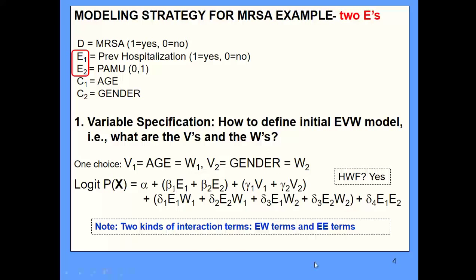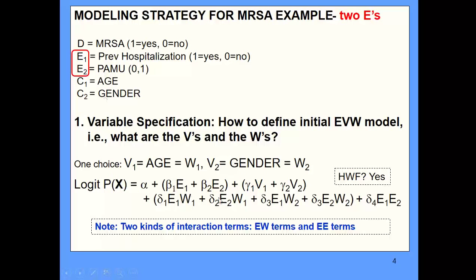Now, what are these terms underneath? They're product terms, and the first four of them are E times W terms: E1W1, E2W1, E1W2, E2W2. They're product terms of each exposure with each control variable. It's the product term of E1, previous hospitalization, with age, and then E2 with age.